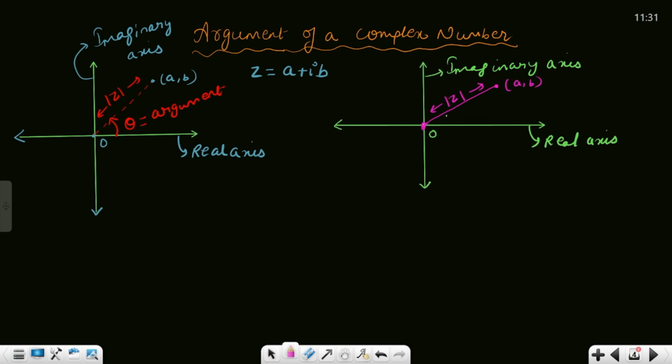It is not necessary that we measure this angle theta in this direction. One can measure this theta like this also.